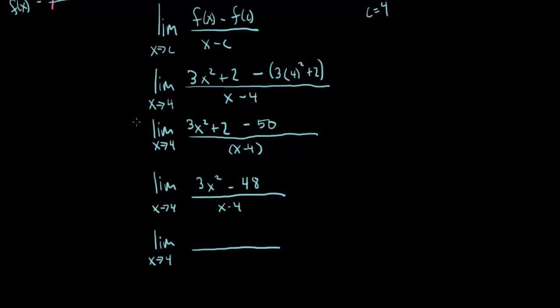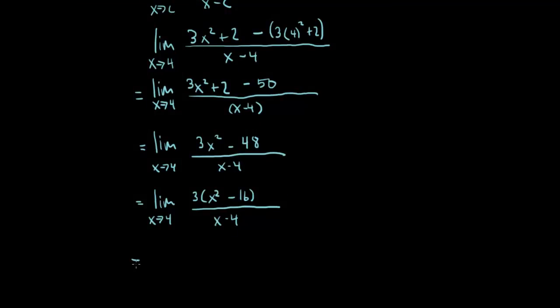I should have a bunch of equal signs here. Equals, equals, equals. Okay, let's factor a 3 out. 3, then we have x squared. Now, what times 3 equals negative 48? I think it's minus 16 over x minus 4. Well, we need another line. Let's factor x squared minus 16.